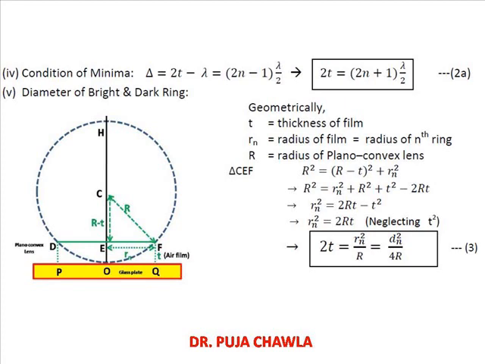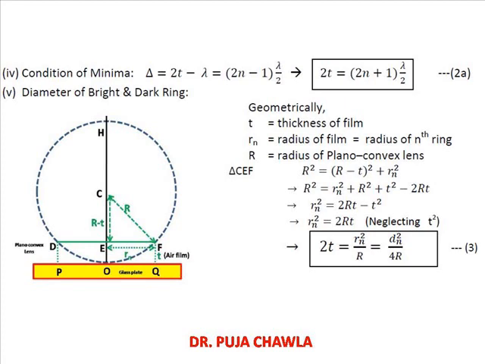Consider a plano-convex lens whose radius of curvature is R. Radius of curvature is the radius of a sphere of which the lens is a part. So, I have imagined a sphere whose radius of curvature is capital R. That means here CF is capital R, radius of curvature, CO is capital R, radius of curvature.